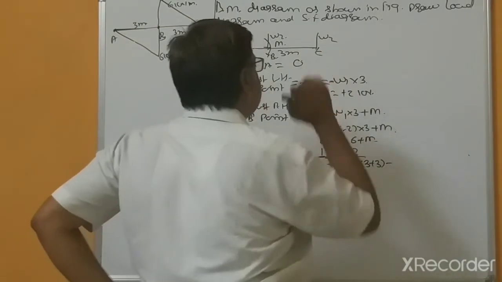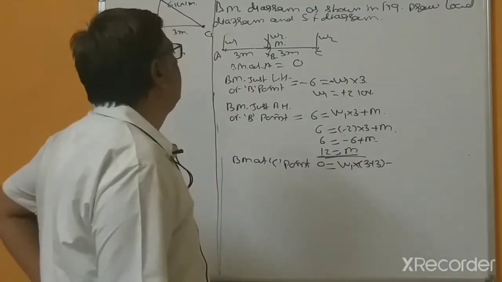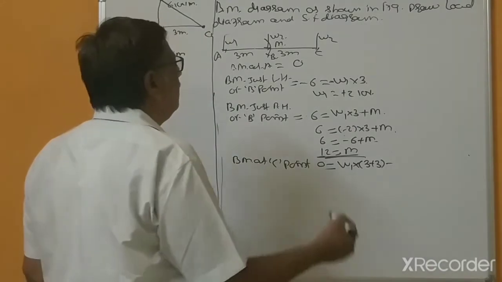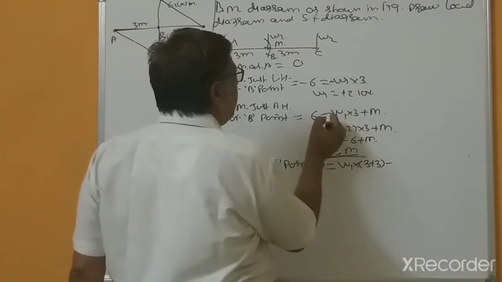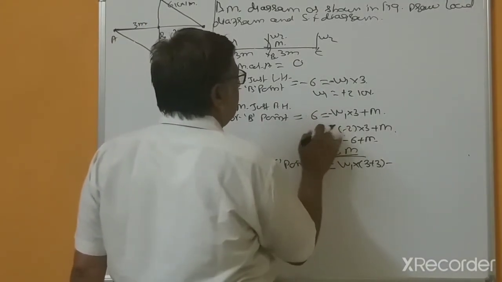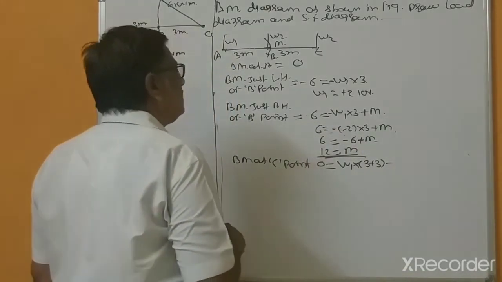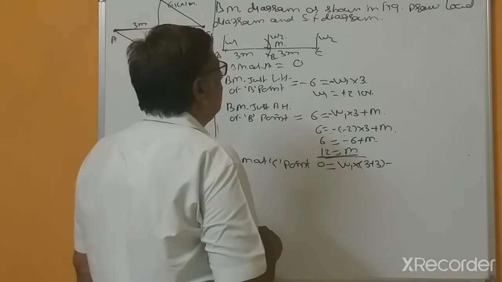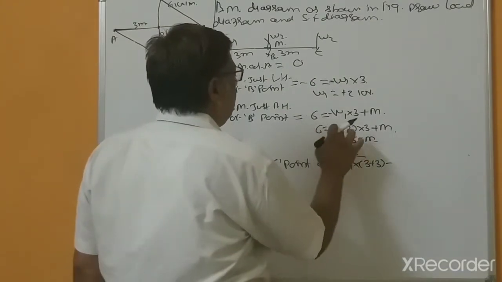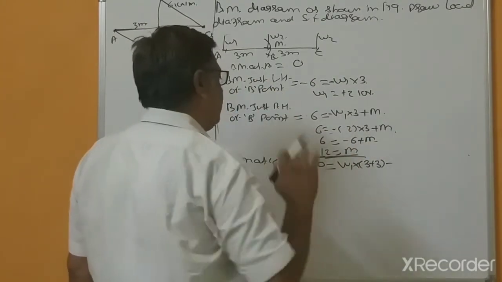This is plus because anti-clockwise, again this is anti-clockwise. This becomes -6, right.